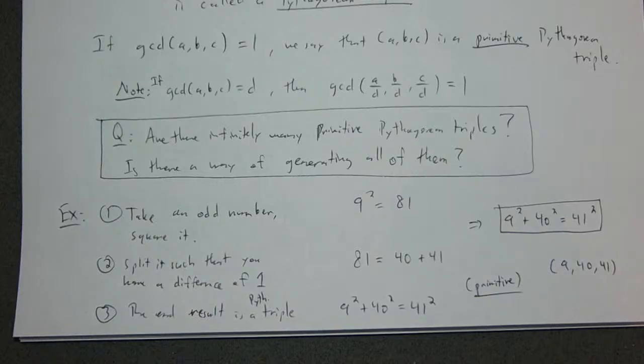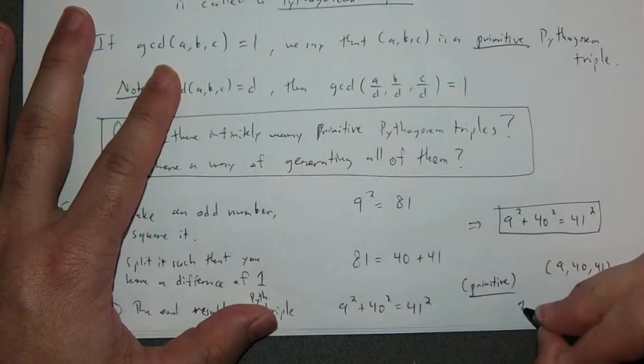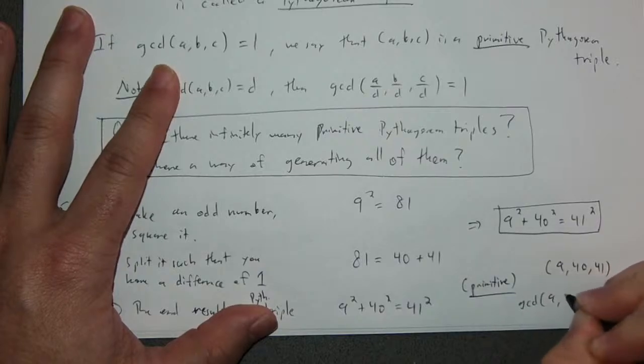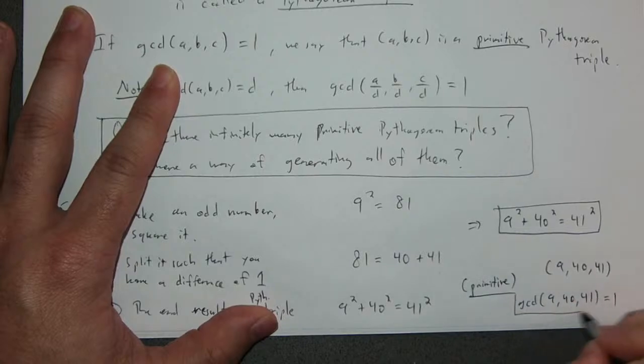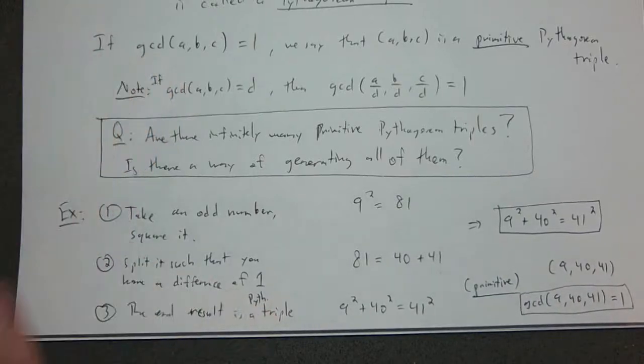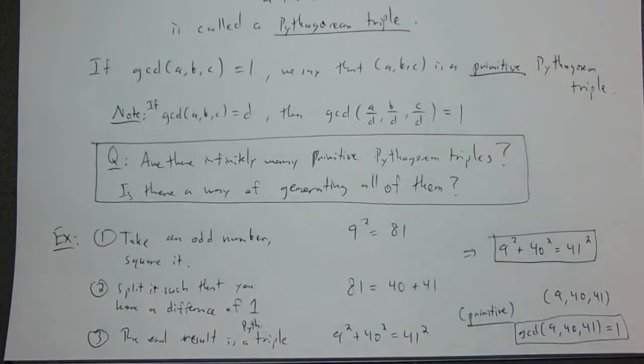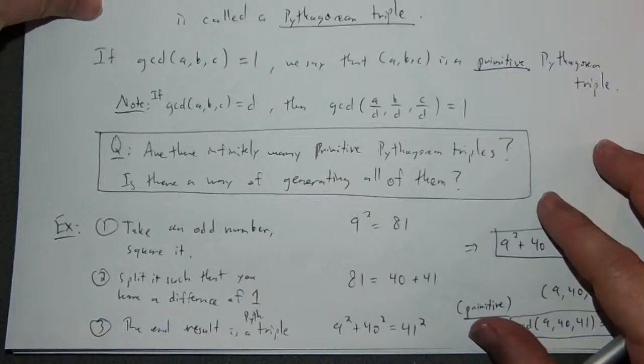So the GCD of the triple 9, 40, 41 is 1. So that's interesting. Okay, and that always works. So this generates infinitely many primitive Pythagorean triples in this way. Okay, so that's one way of doing it.